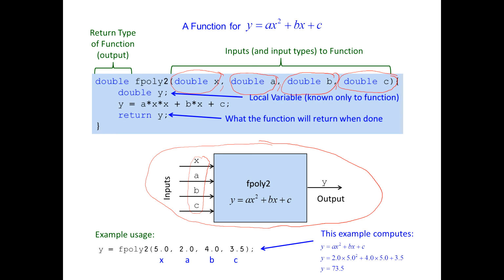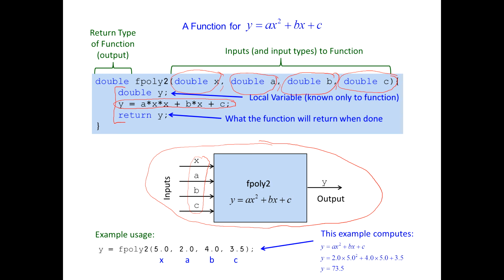Okay. Now let's actually go inside the function here. The first thing we need to create is a local variable that will store our result, and this we will make a double. And then we essentially do the entire computation in this line where we multiply those input values.